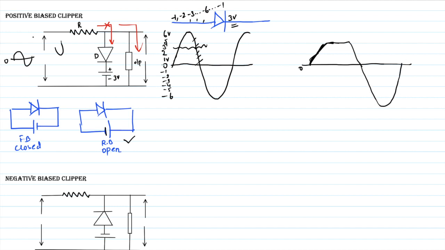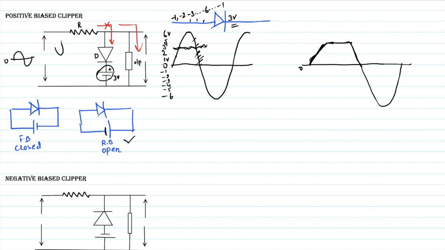That's how the positive bias clipper works. In a positive bias clipper the positive waveform is clipped, but you need to decide the voltage level. Here the voltage level is decided by this voltage source, that is 3 volt. So whatever voltage is above 3 volt is clipped. So 3, 4, 5, 6 is made constant voltage. Again 5, 4, 3, 2, 1 is made constant. Then again 2, 1, 0 signal is passed.